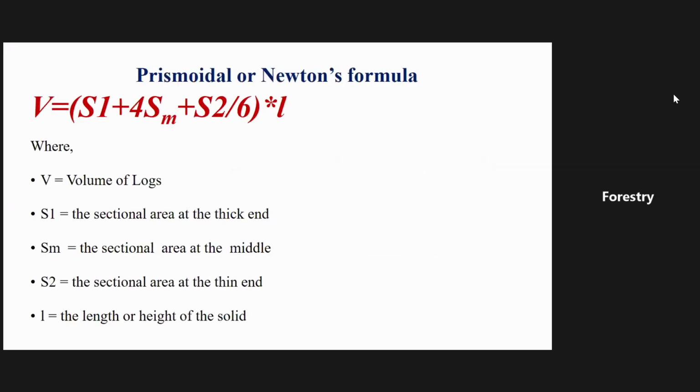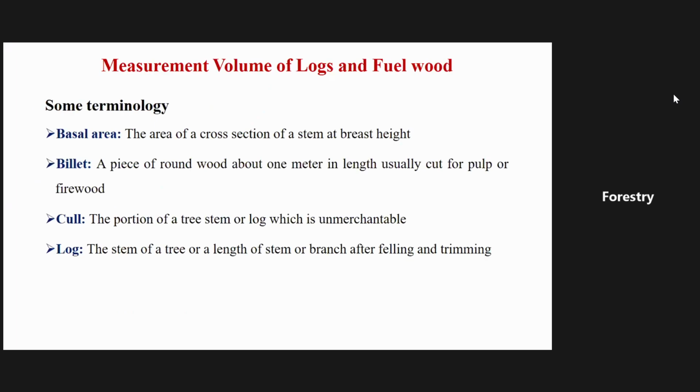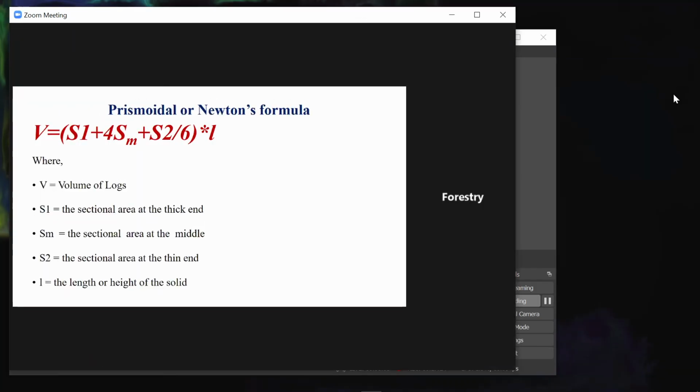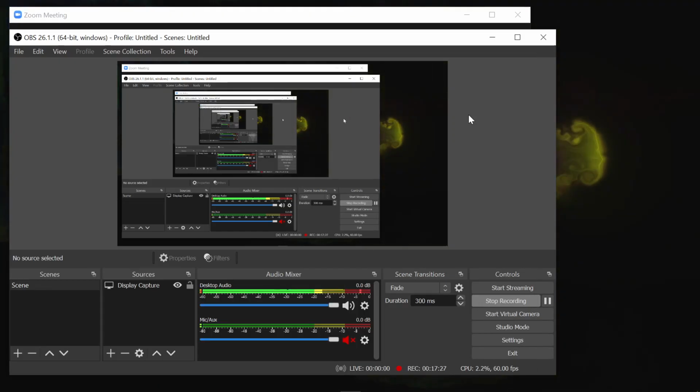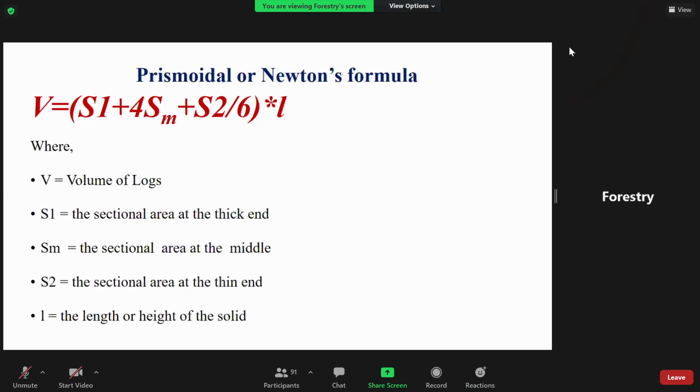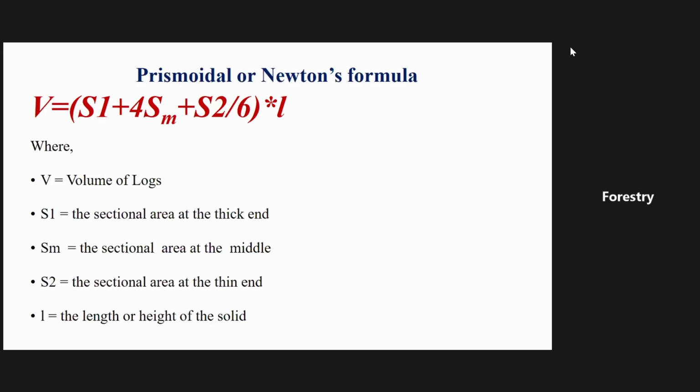So we'll discuss the different formulas used in calculation of the volume of logs in different conditions, like we discussed in form factor: neiloid, paraboloid and cone. In logs also we'll use different formulas based on that form. We'll use mainly four formulas. The first one is Newton's formula, mainly used for logs in neiloid shape.